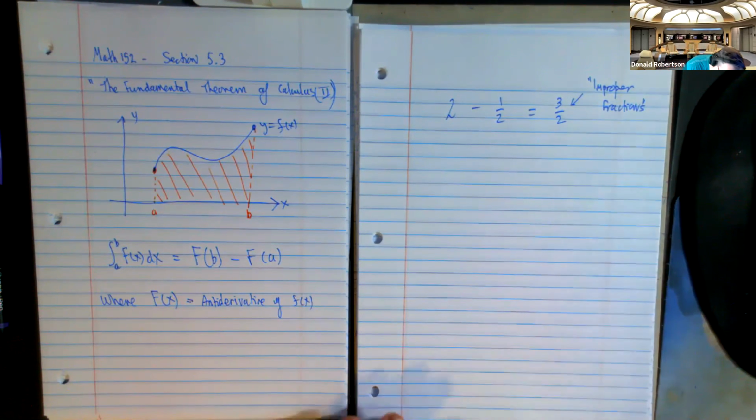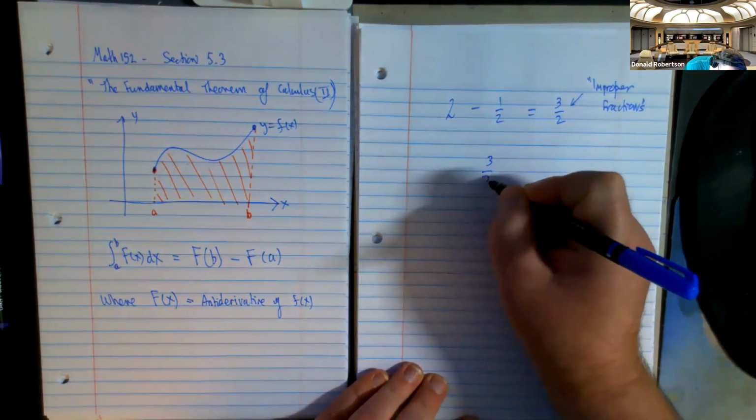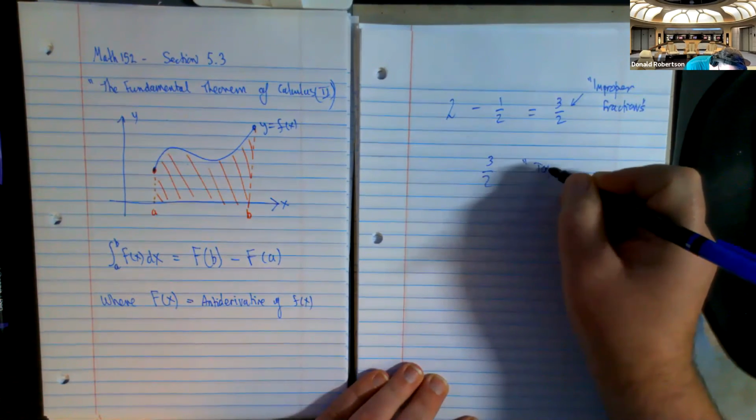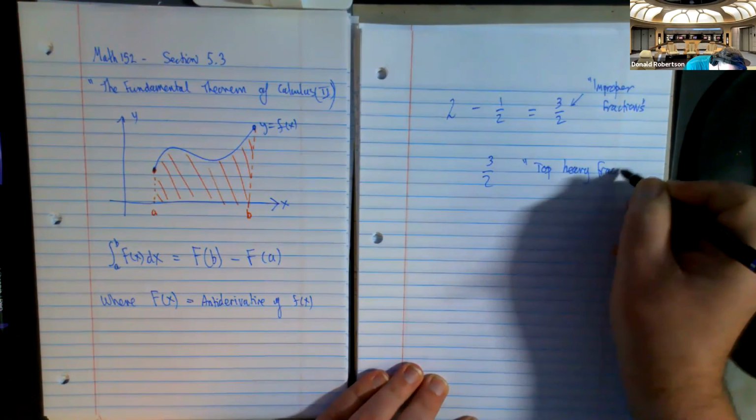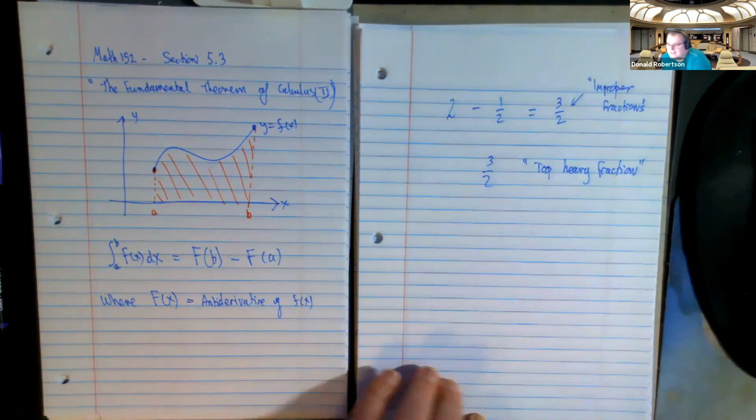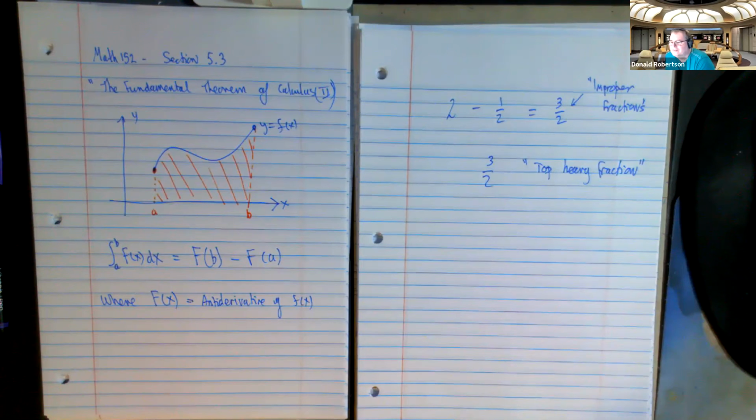But we have a much better name in Scotland. Look it up. It's called a top-heavy fraction. I like that name. Doesn't it give you a kind of idea of what the thing looks like? It's big on the top, it's top-heavy.